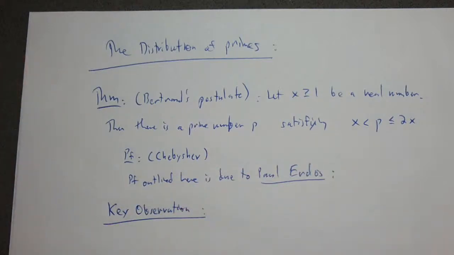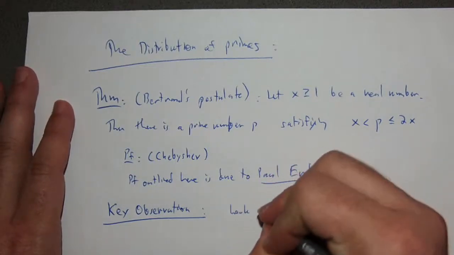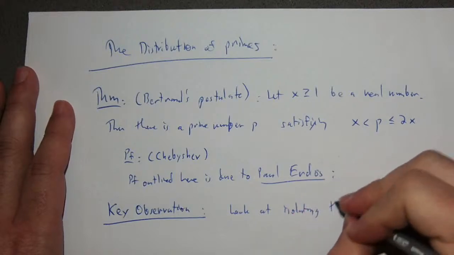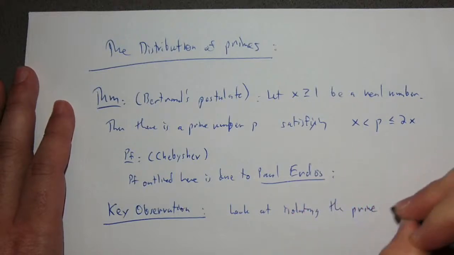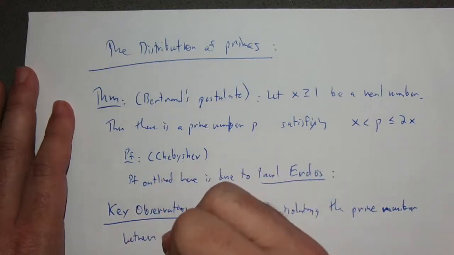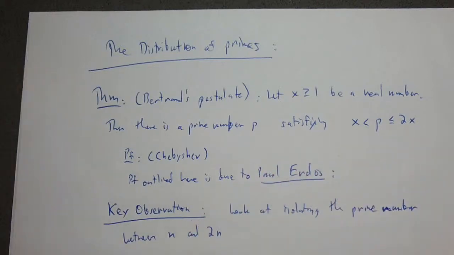Okay. So first of all, look at isolating the prime number between n and 2n, where n is an integer.